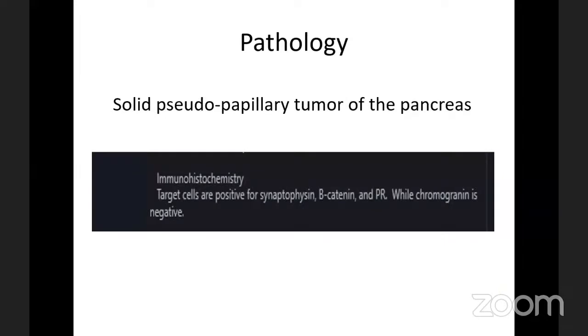Now, the local pathology report from the hospital basically confirmed the finding of a solid pseudopapillary tumor of the pancreas. However, IHC, which was done by the pathologist there, showed the cancer cells being positive for PR, so progesterone receptor.